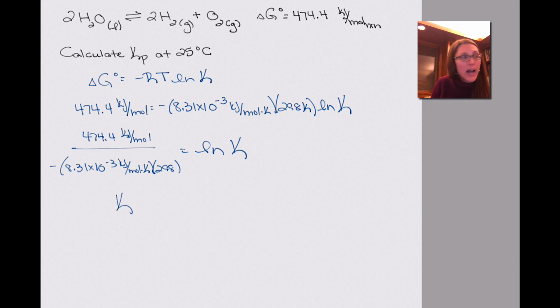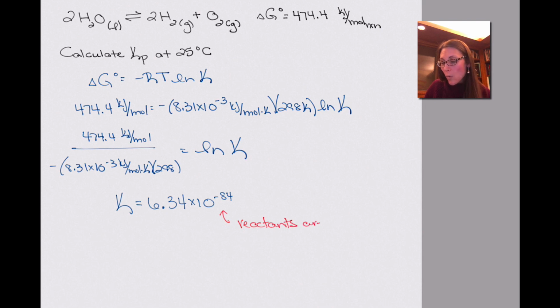And when I do that, I get the value of K as 6.34 times 10 to the negative 84th. That's an incredibly, incredibly tiny number. And so for this reaction, my reactants are favored, which makes perfect sense.